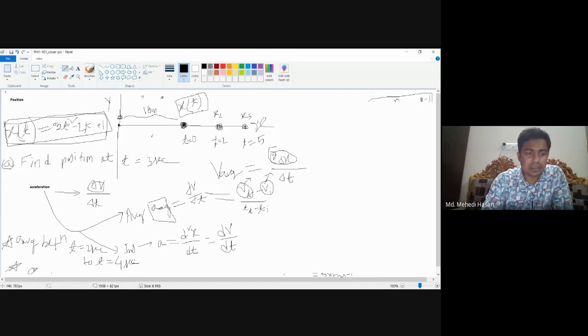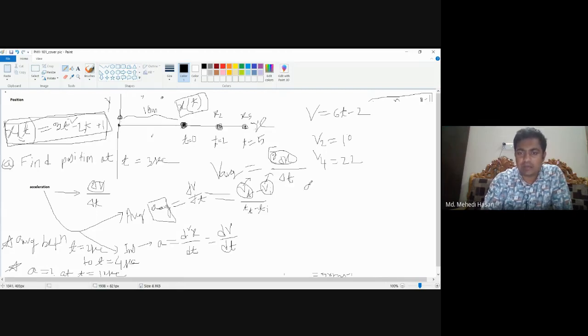And a equal to what? At t equal to say 10 seconds. Now for the first case we have to find out v2 and v4. So v was 6t minus 2. Now here v2 is equal to 10 and v4 is equal to 22.